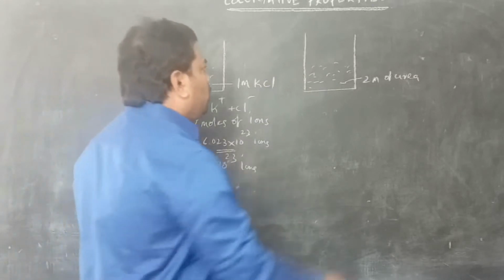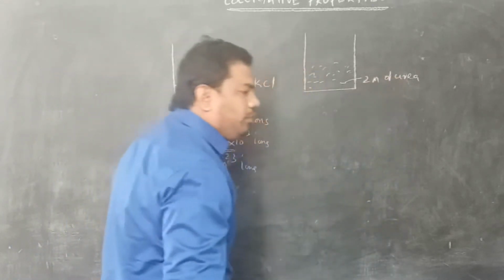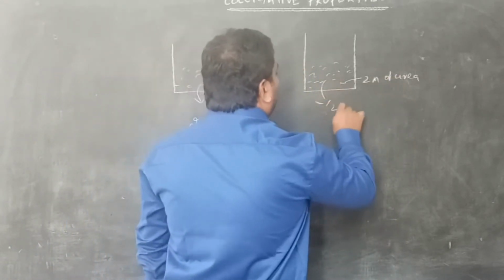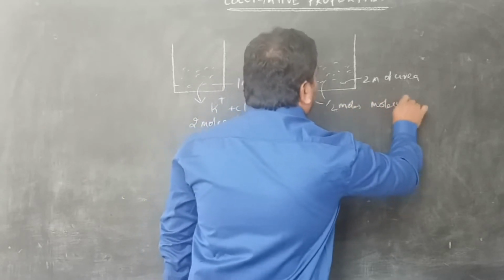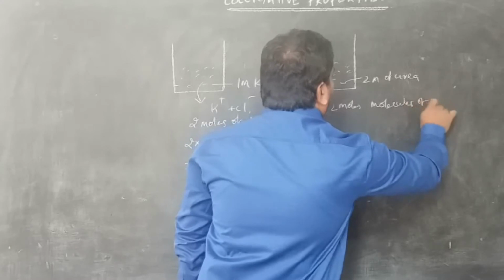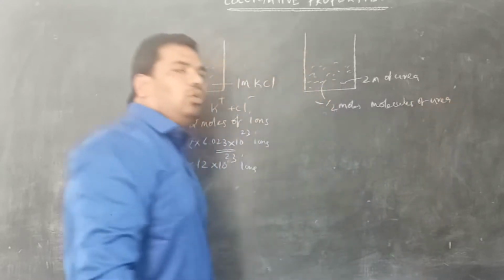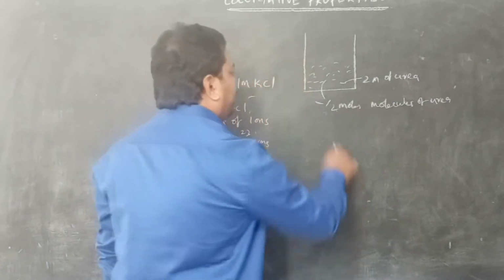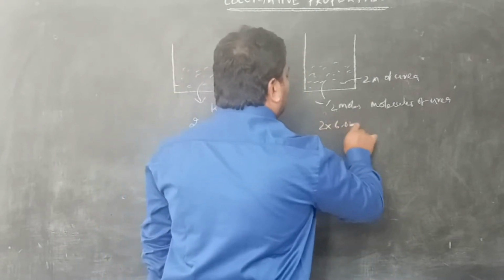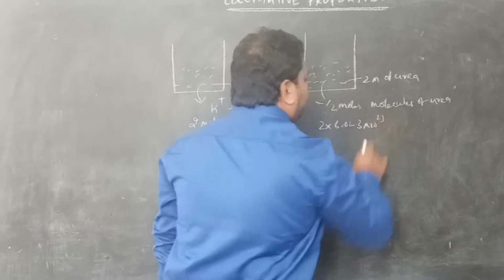A 2 molar solution of urea means nothing but 2 moles of molecules of urea. We know very well, student, that 1 mole is equal to 6.023 into 10 to the power of 23, so that is approximately 12 into 10 to the power of 23.